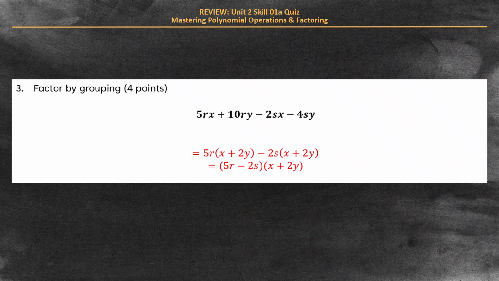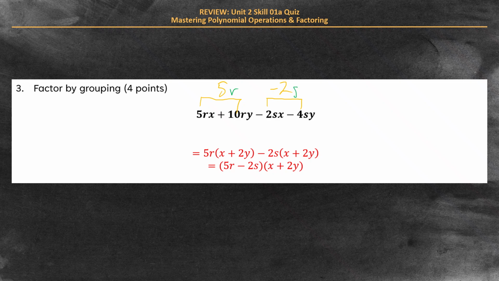So we have this next question, which is, again, factor by grouping. And let's try to group. So we have 5rx plus 10ry minus 2sx minus 4sy. So we have multiples of 5 and multiples of 2, which is negative. All right, awesome. So we have 5 here and negative 2 here. And how about the variable? We have r's in the front pair and s in the second pair, right?